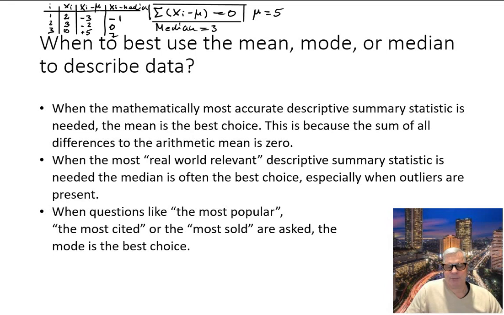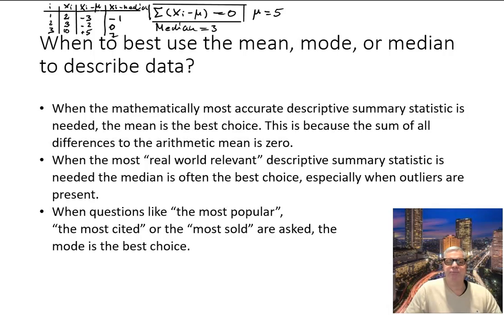So for example, in economics we like to report the median income or the median household income rather than the average household income. So in most advanced economies around the world, and maybe also in some developing economies, the average household income is typically greater than the median income.